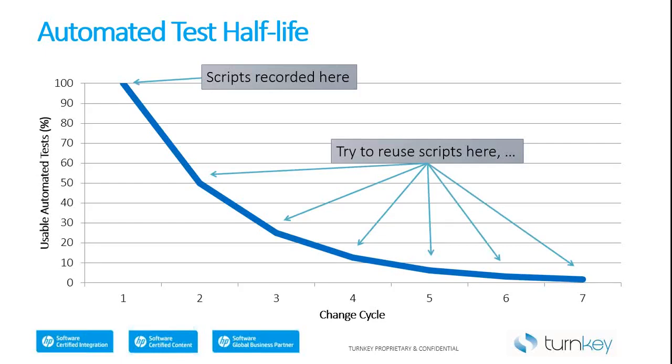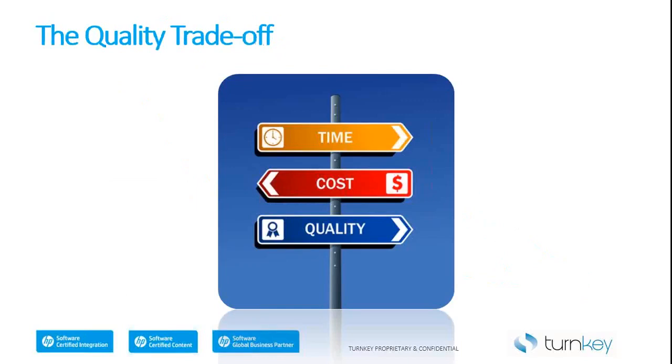And unless it's maintained completely all the way throughout this process, it'll deteriorate to the point where it really isn't of any use any longer. And either you go back to manual testing or you once again redevelop the script. And this is very, very common in my experience, that these test assets deteriorate and become less than useful, particularly in change-centric applications.